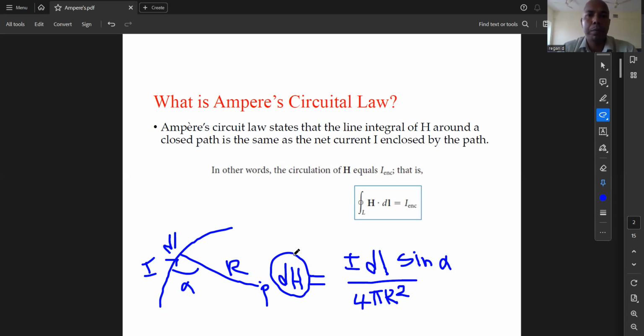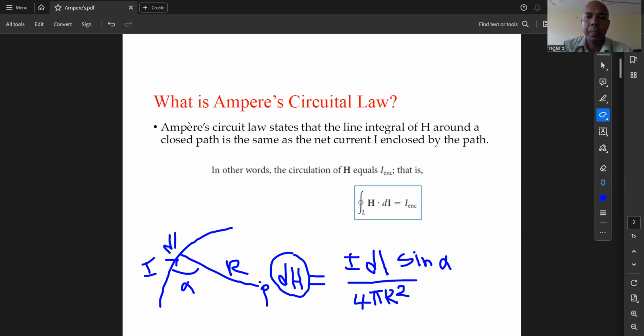Let's see what Ampere's circuit law is. Ampere's circuit law states that the line integral of H around a closed path is the same as the net current I enclosed by the path.